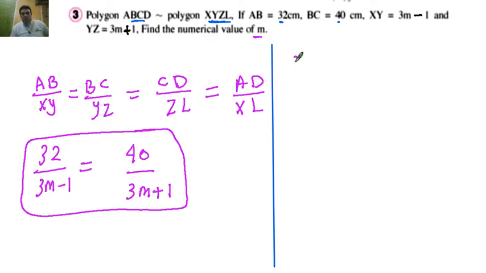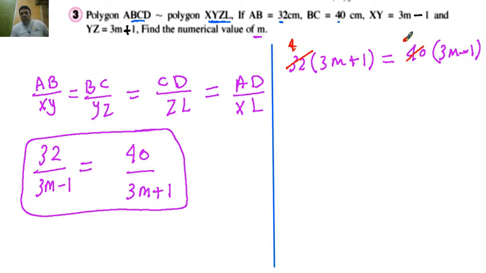Then 32 times 3M plus 1 equals 40 times 3M minus 1. We can simplify 32 with 40: 32 divided by 8 equals 4 and 40 divided by 8 equals 5. Then multiply 4 by 3M and 1, and multiply 5 by 3M and negative 1.